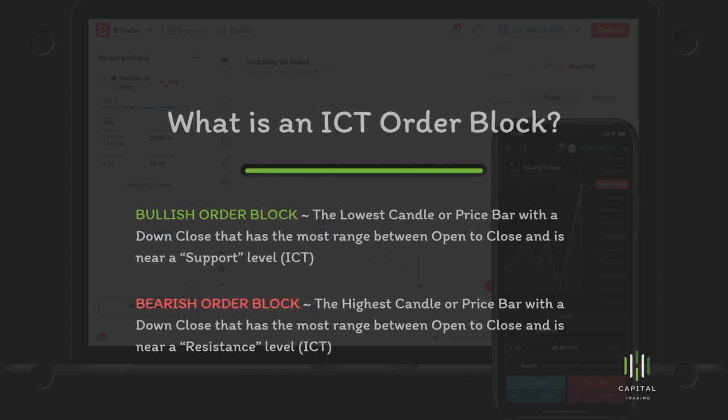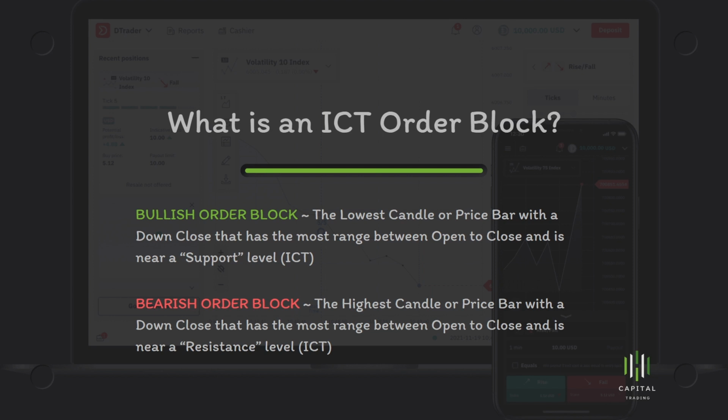We are going to start with the ICT order block. An order block is a famous theory. Almost every trader out there mentions an order block in their trading education or trading journey.